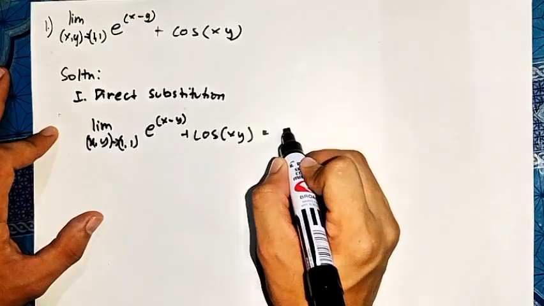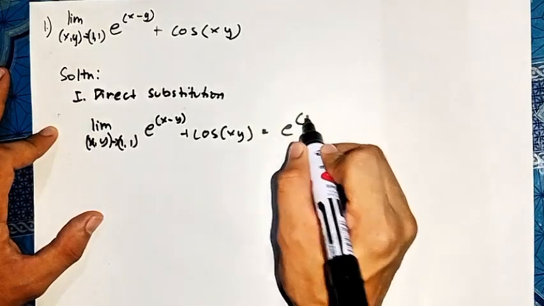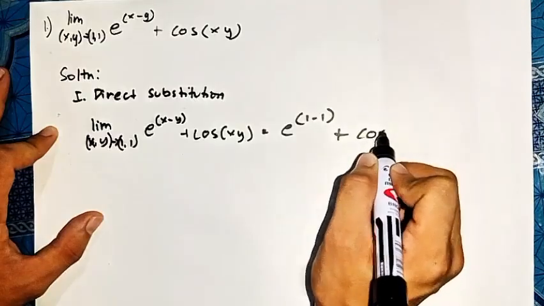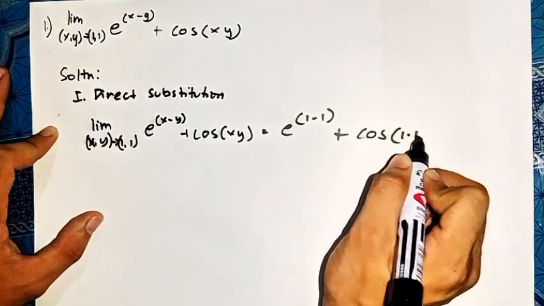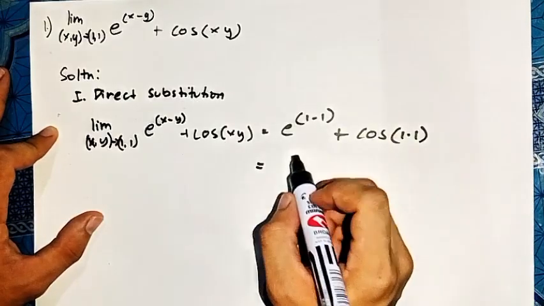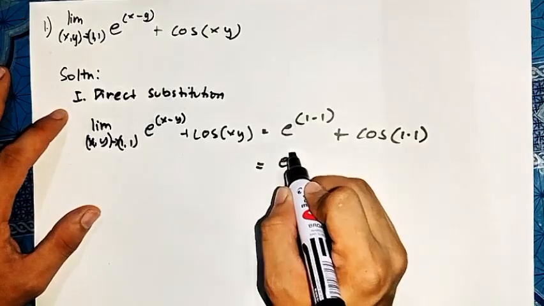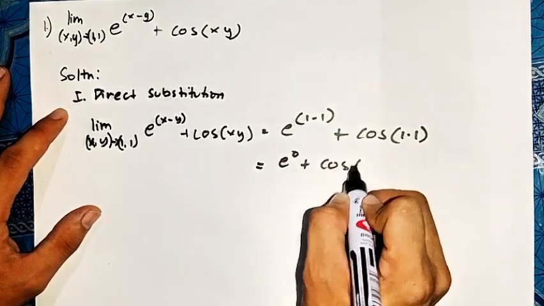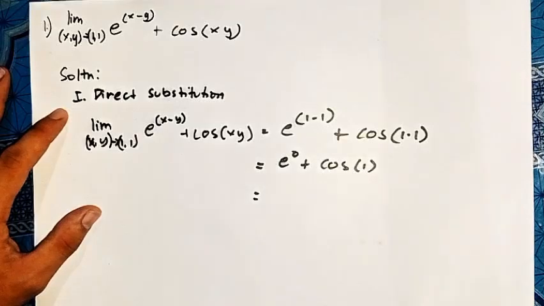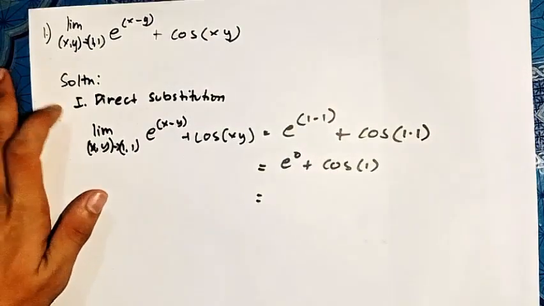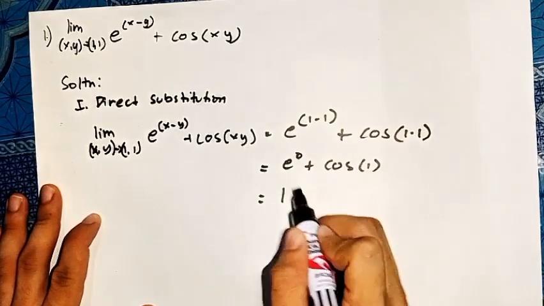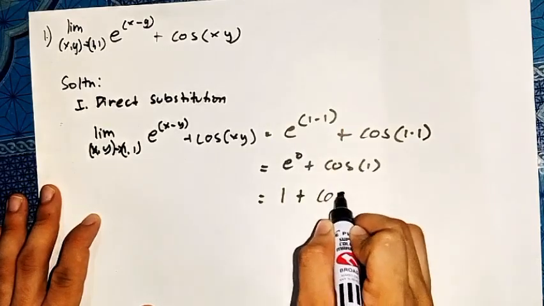So e to the 1 minus 1 plus cosine of 1 times 1. Now e to the 1 minus 1 is e to the 0, plus cosine 1. Now e to the 0 is equal to 1. That's correct. Plus cosine 1.